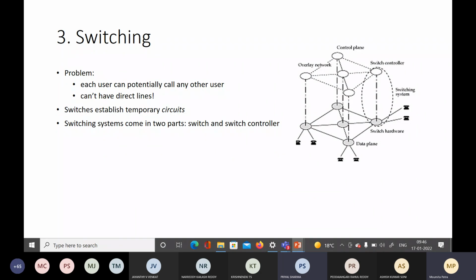Here too we have two different planes, the control plane and the data plane. The data plane consists of the switch hardware, the end systems, etc., and the switch hardware is associated with a switch controller. This forms the switching system.